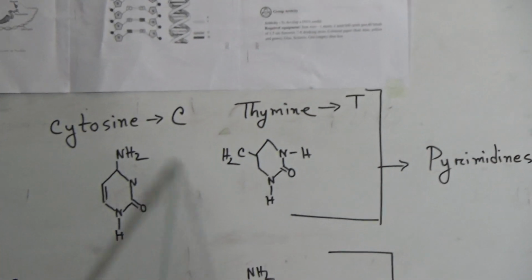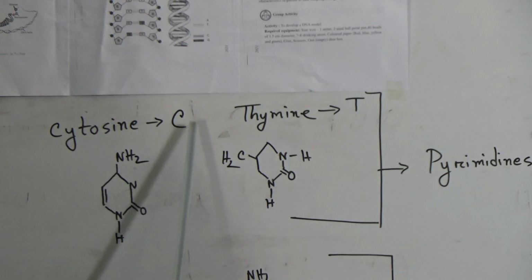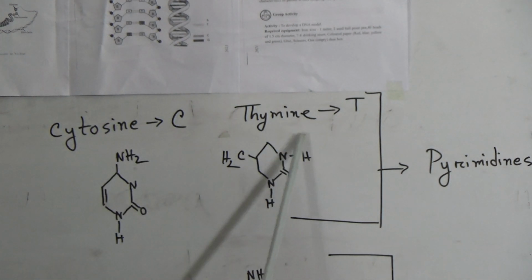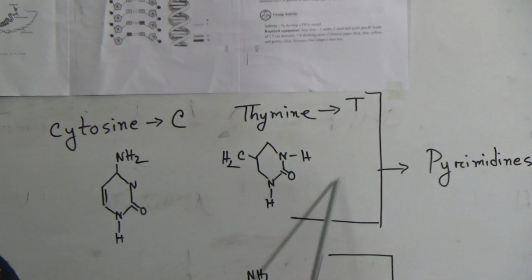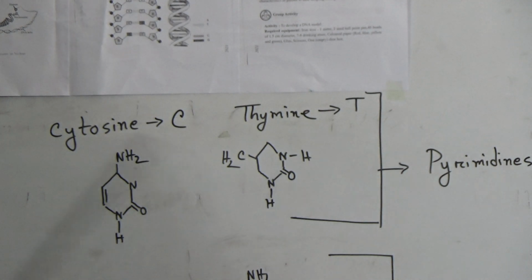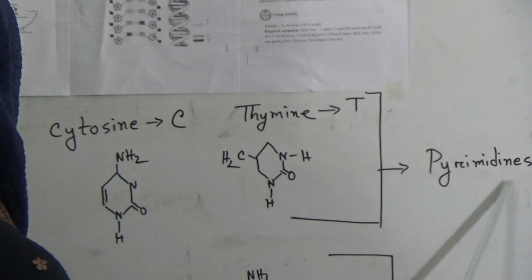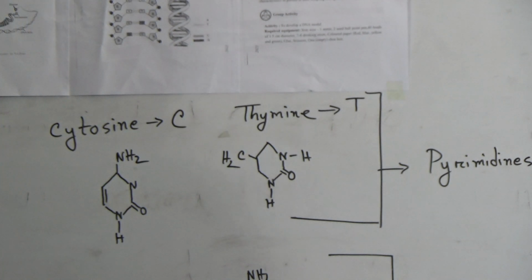Cytosine structure looks like this, and we can express it with capital C. And here is thymine. Thymine structure is here, and we can express thymine with capital T. Cytosine and thymine are pyrimidines. Purines are adenine and guanine, and pyrimidines are thymine and cytosine.